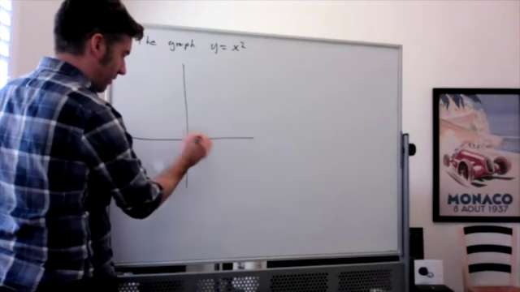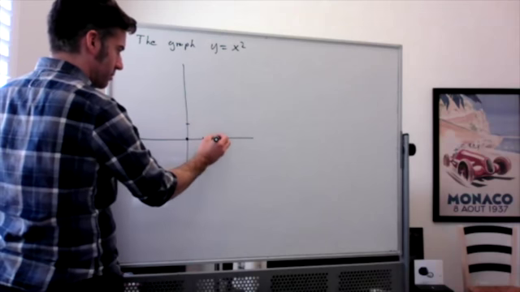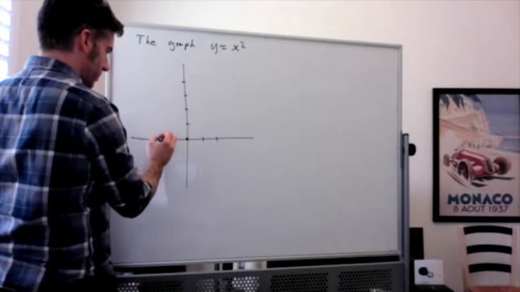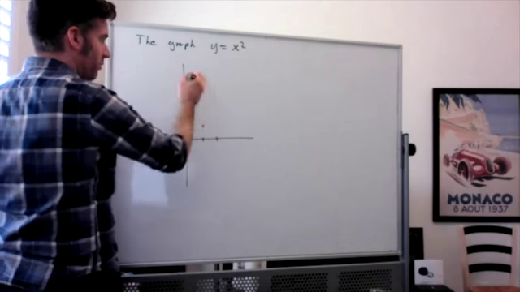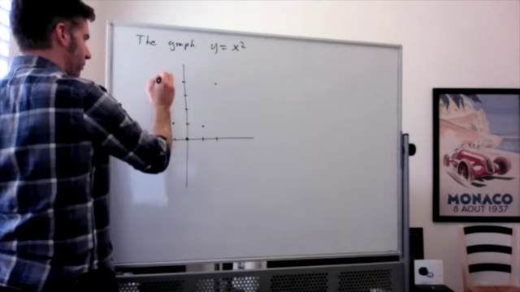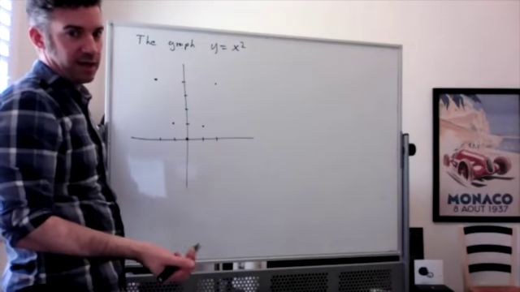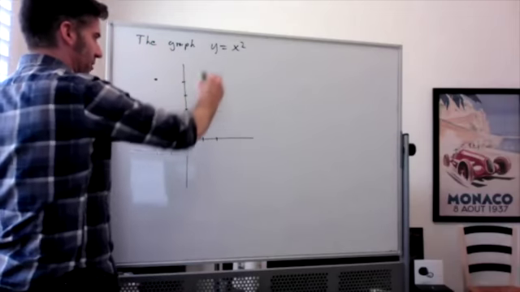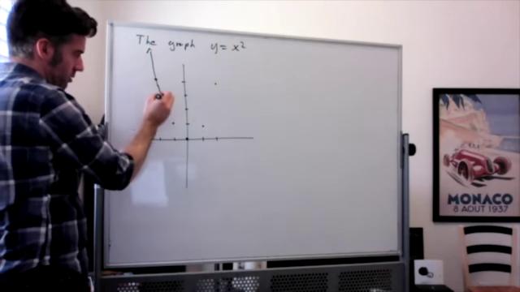If I was going to try and graph it more nicely, I'm going to plot the points (0, 0), (1, 1), (2, 4), (-1, 1), and (-2, 4). Those are the 5 points I would usually graph. And then I would try and make it look parabolic.